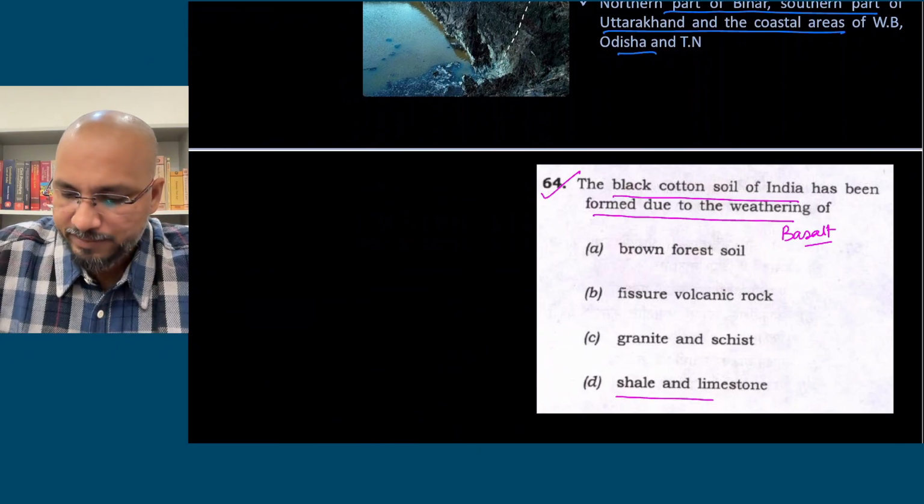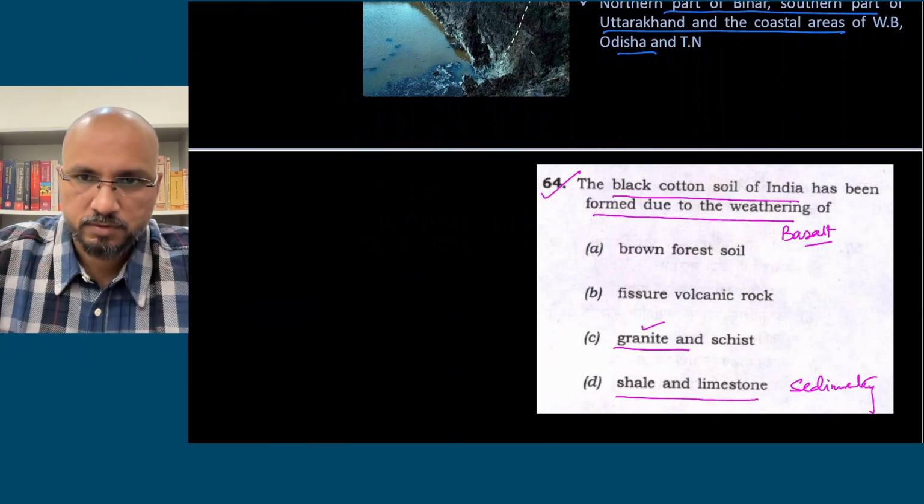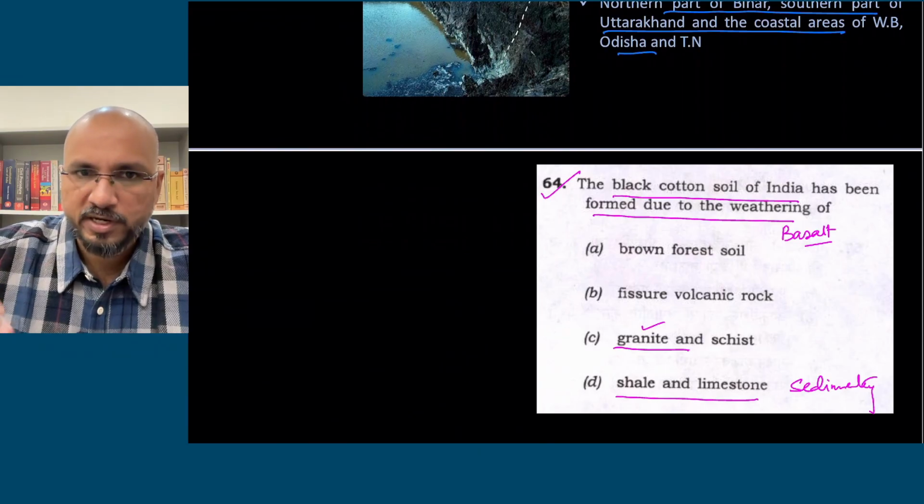So shale and limestone जो है, these are sedimentary rocks. Granite is your plutonic rock, volcanic and plutonic. So igneous rocks में दो type के होते हैं. Plutonic means the magma has solidified inside the crust. जब magma बाहर आ जाता है, it is called lava, and those rocks which are formed by cooling of lava, they are called volcanic rocks.